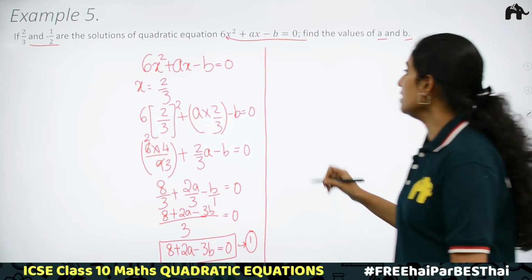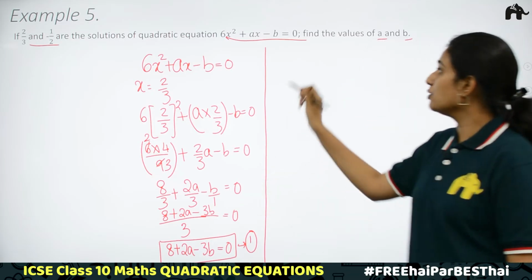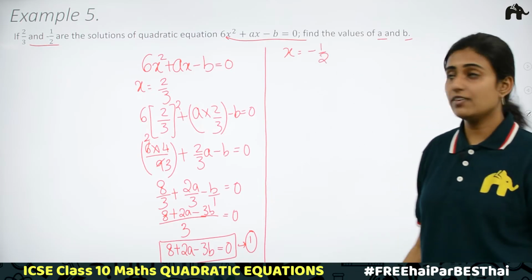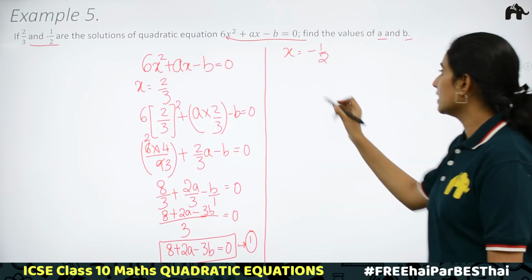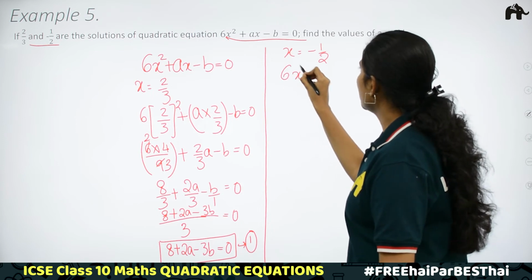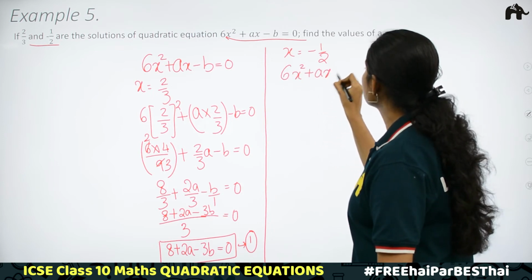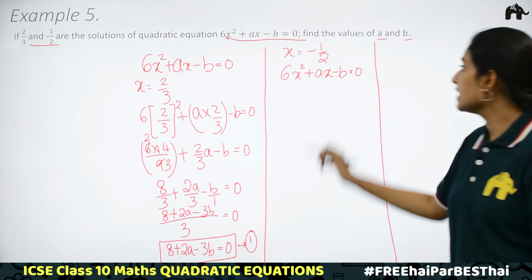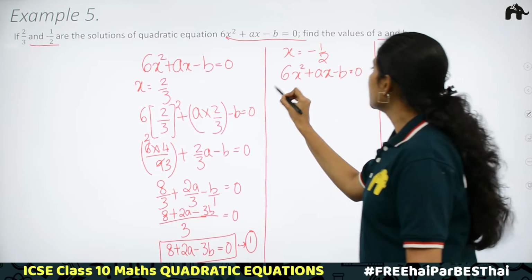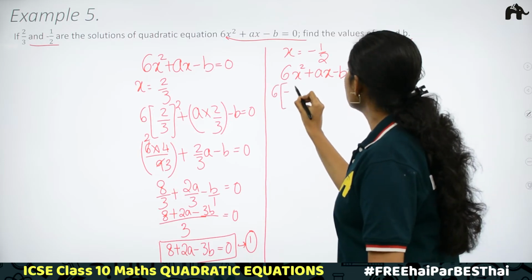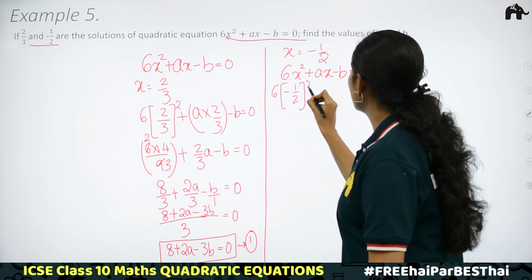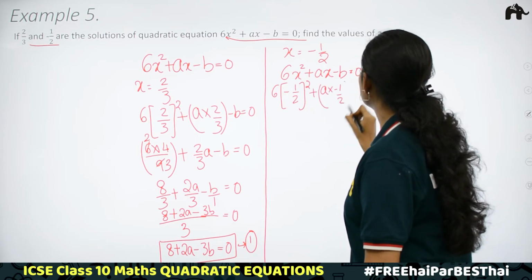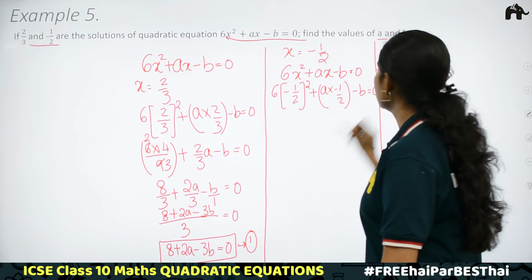Now, the second part. To get the second part, we have to substitute x is equal to minus 1 by 2 in the given quadratic equation. It is 6x square plus ax minus b is equal to 0. Okay, substituting value of x, 6 into minus 1 by 2 whole square plus a into minus 1 by 2 minus b is equal to 0.